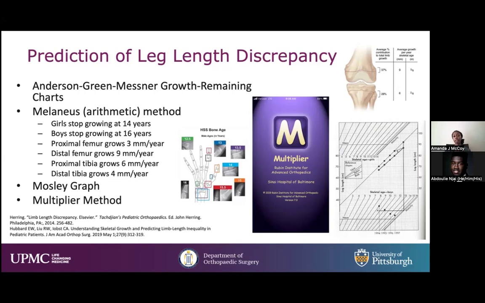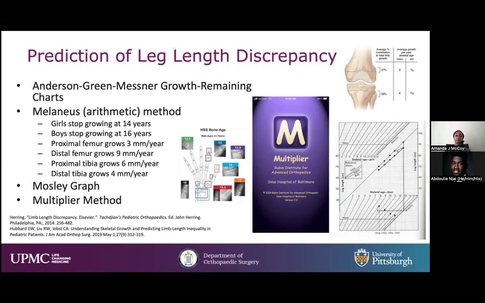But generally, you can say that girls stop growing at 14, boys stop growing at 16. The proximal femur grows 3 millimeters per year. The distal femur grows 9 millimeters per year. The proximal tibia grows 6 millimeters a year, and the distal tibia grows 4 millimeters a year. And so that's a very quick and dirty way if I'm just trying to estimate quickly in clinic where I can talk with families.